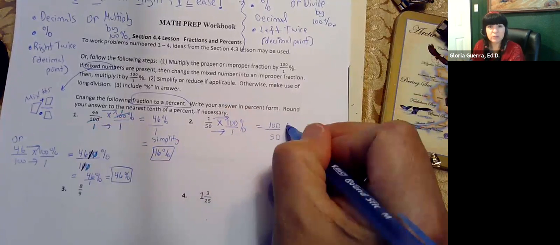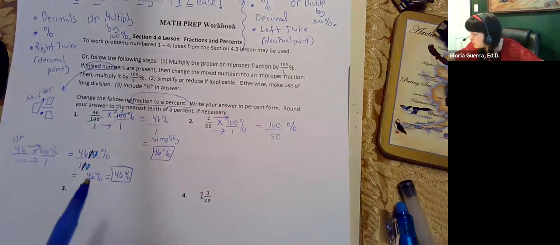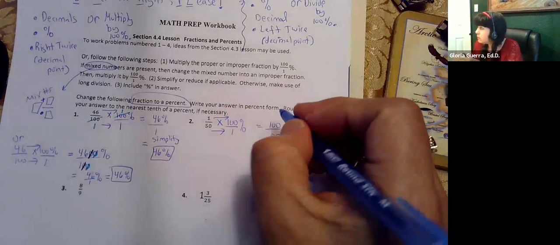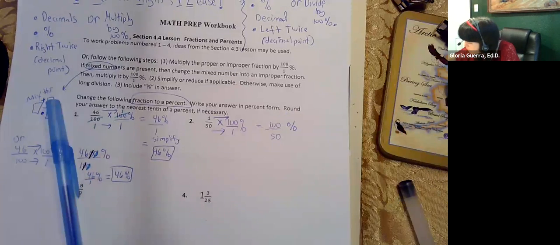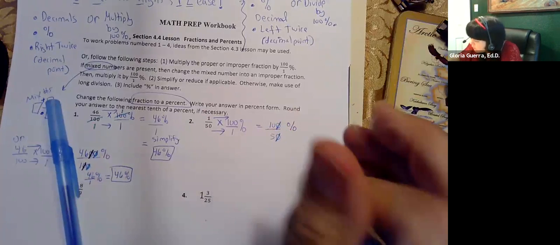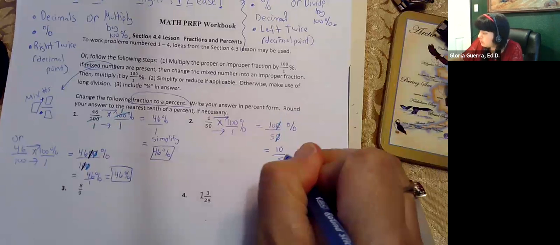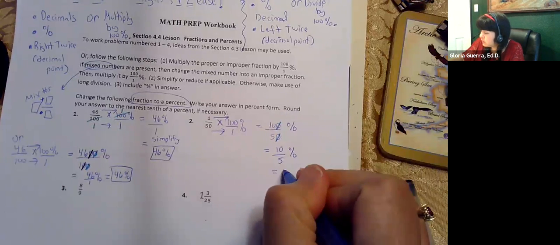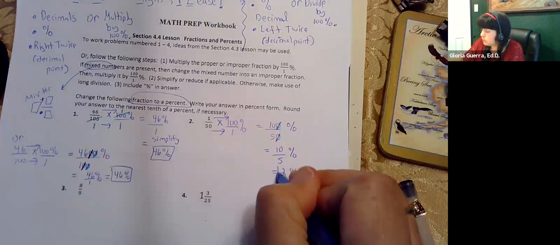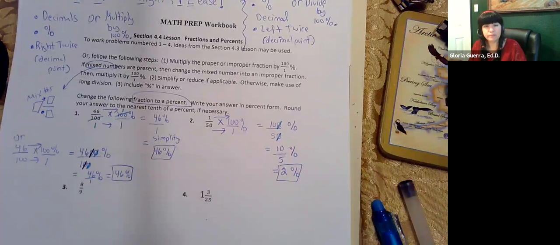And then that's a percent symbol here, okay? And then this simplifies, these end zeros cross out. So then you end up with 10 over 5%, and 10 over 5 simplifies to just 2. So that's equal to 2%, okay?